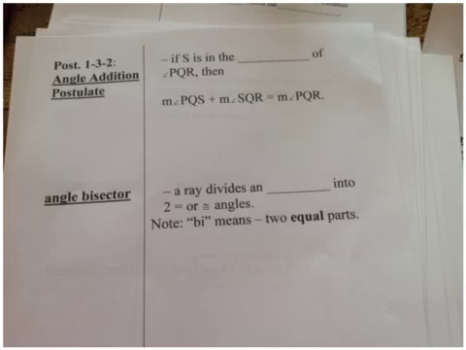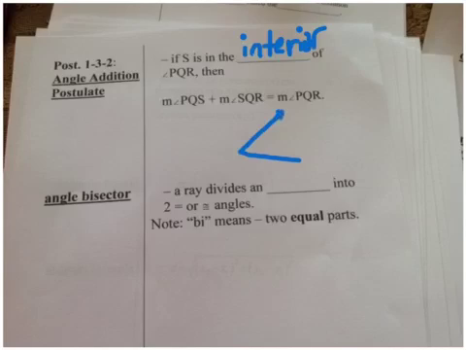Okay, just like we had the postulate that said we could add two little pieces of a line together to get the whole length of a line, we have the same thing for an angle. If S is in the interior of PQR, let me draw a figure. Here's P. Let me draw the little arrows first.